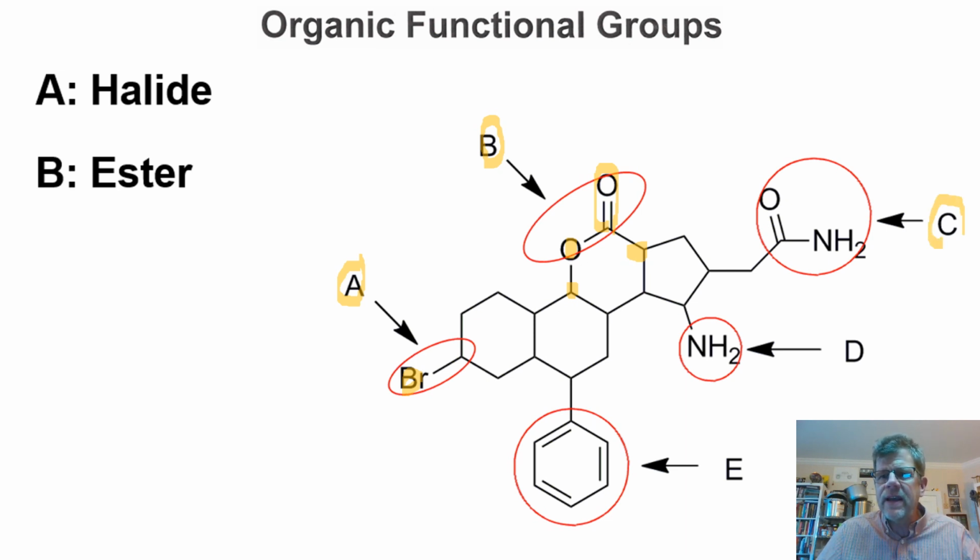If we look at C, another, we have our carbonyl carbon right here. Notice that we've drawn it here so that the carbon in that C double bond O is at a bend in a line drawing. So we have a carbonyl flanked on one side by hydrocarbon-carbon and on the other side by a nitrogen.